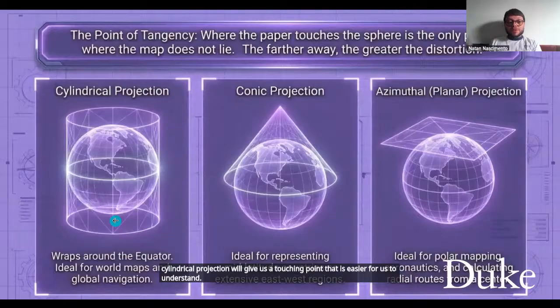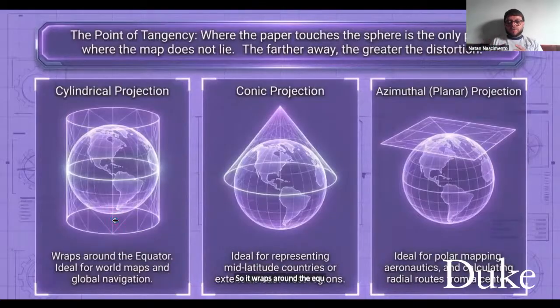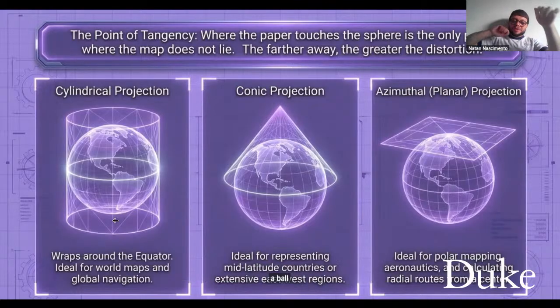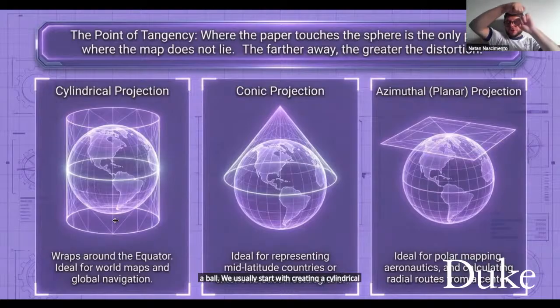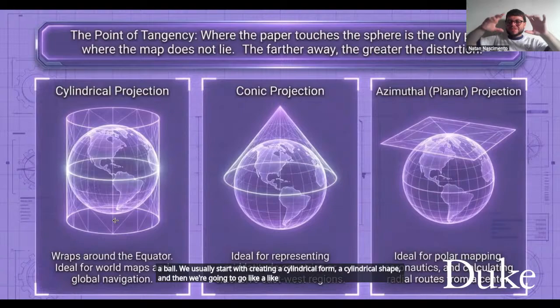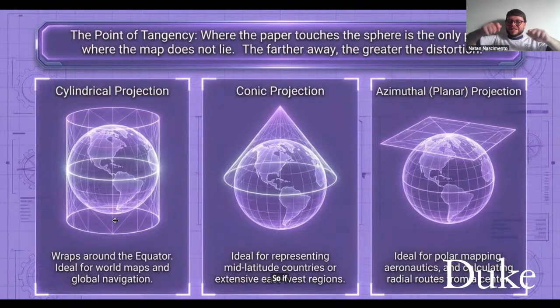It wraps around the equator, and it's easier for us to visualize how we can wrap a ball. We usually start with creating a cylindrical shape, and then we go like a candy.